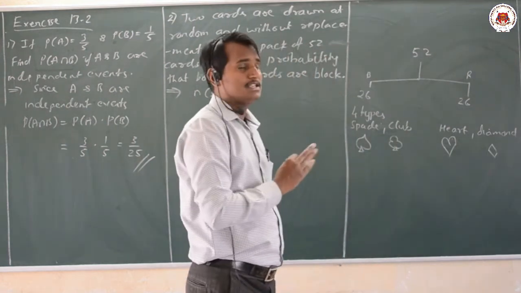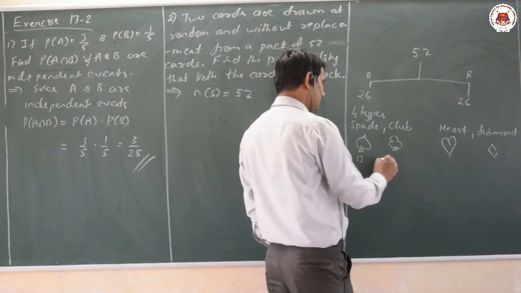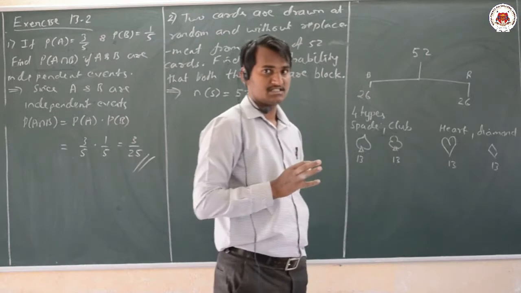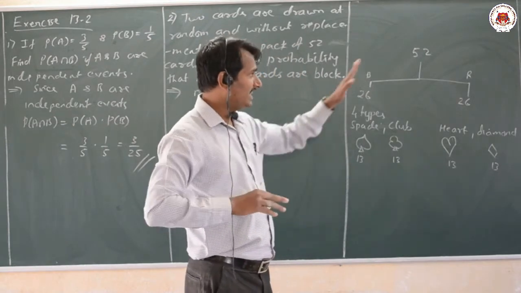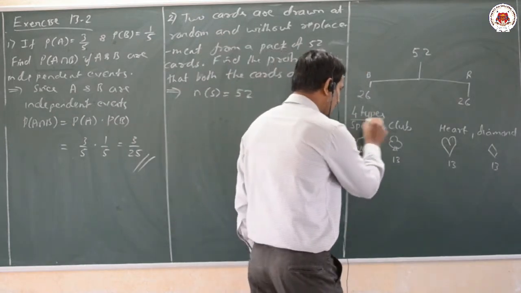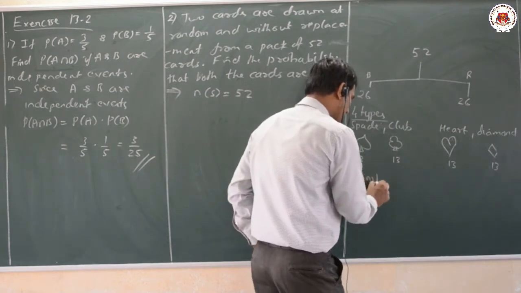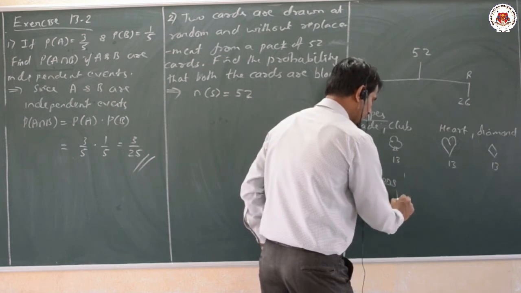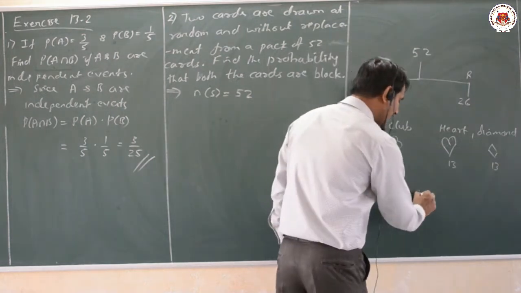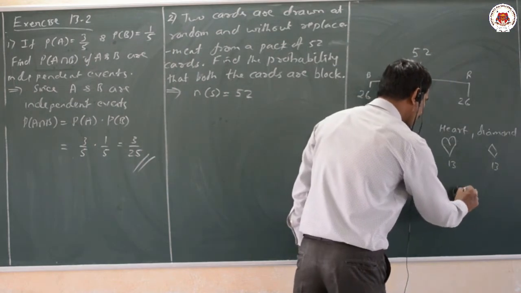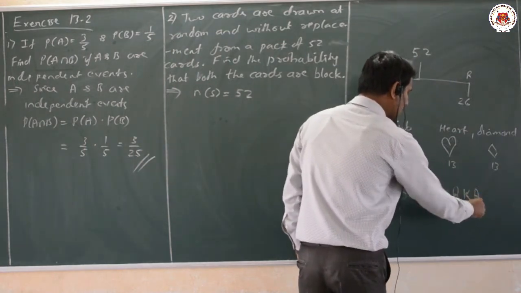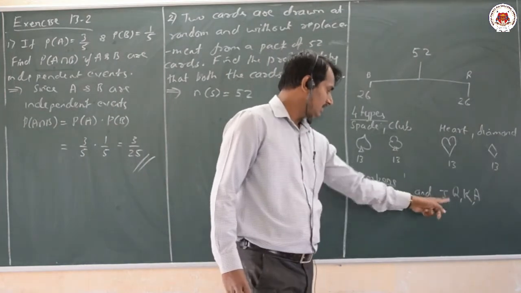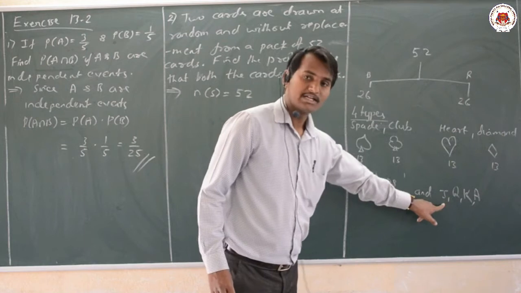All these are different types, and there are 13 of each: 13, 13, 13 and 13. This is all about the playing cards, dear students. The numbers range from 2 to 10, and we have J, Q, K, A. From 2 to 10 there are 9, and 9 plus 4 is 13.